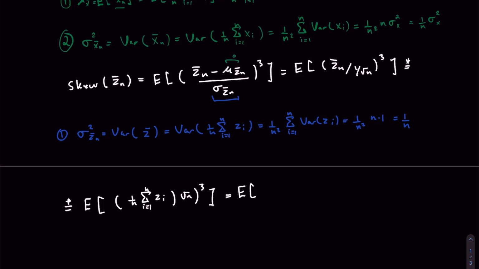So what we have now, well, all the z's are the standardized x's. So we have xi minus mu. I'm just going to use mu here, which is mu x, and the same with that, like so.